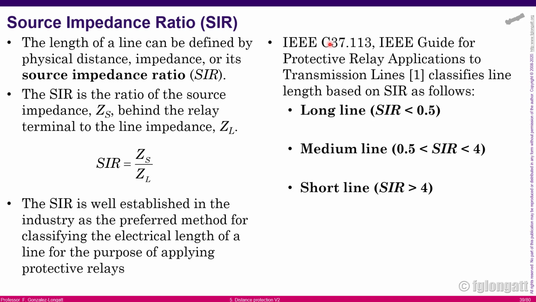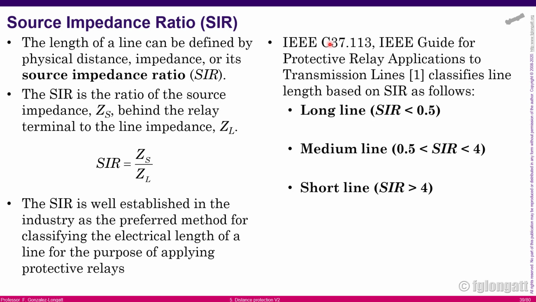We can define a long transmission line when the source impedance ratio is below 0.5. We are in a short line when the source impedance ratio is larger than 4. If we are between 0.5 and 4, that is a medium line, okay?